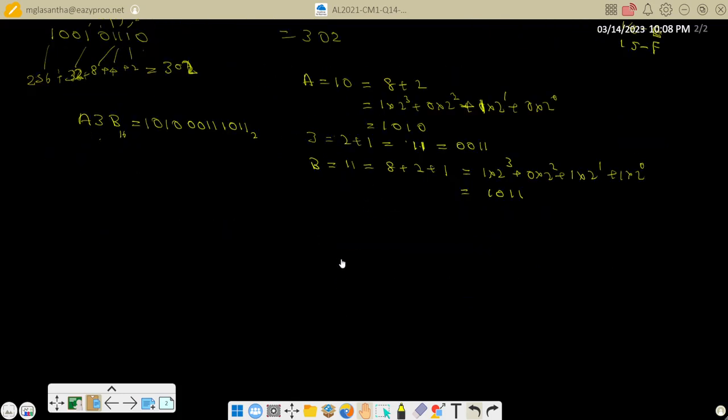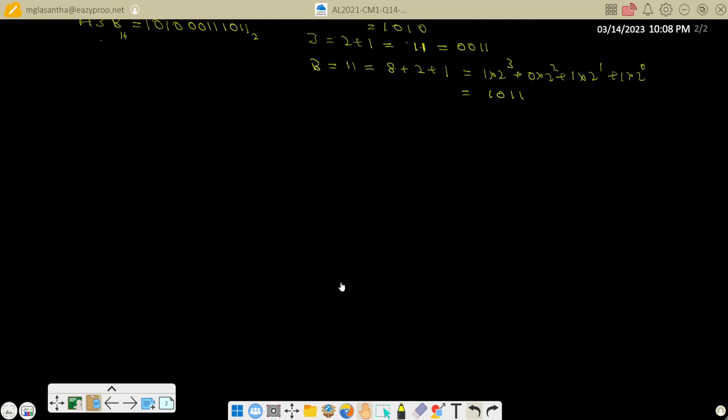Convert the following binary numbers to hexadecimal.